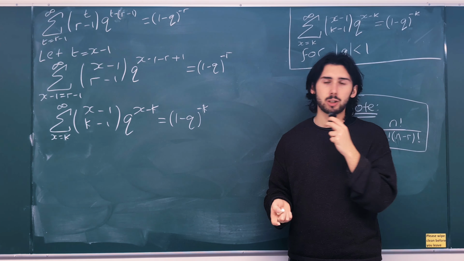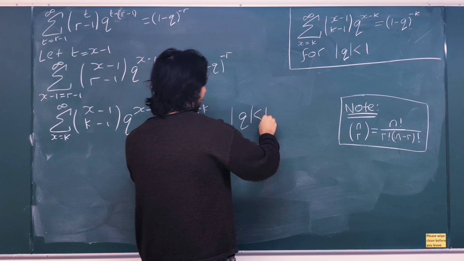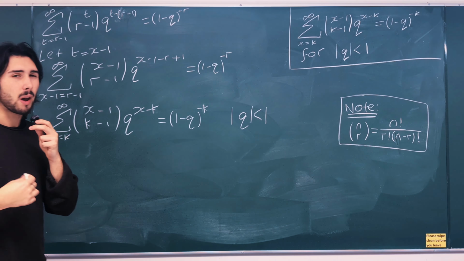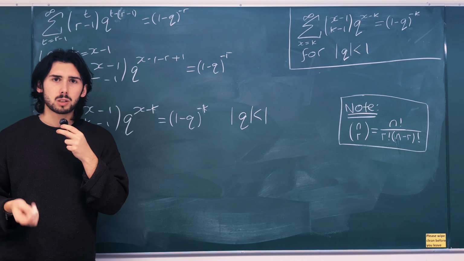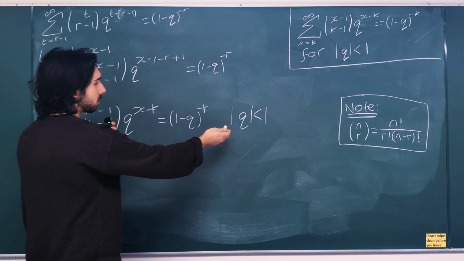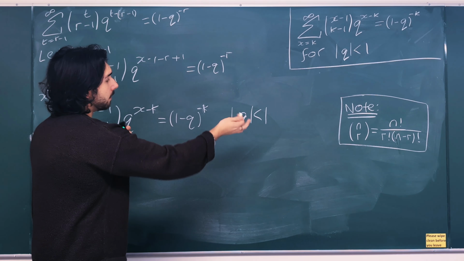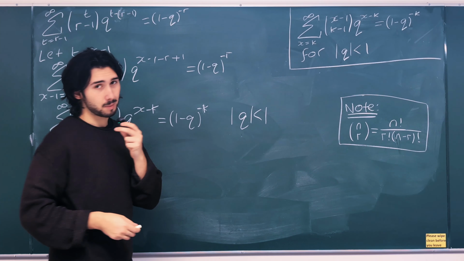Q is the common ratio, so this is only true when the magnitude of this number is less than 1, because that was the very, very, very first line of our working out. It was making the assumption that the series actually converged. So in order for this to be the case, we do need the magnitude, the modulus, or the maginus, if you want to mix them up, needs to be less than 1.